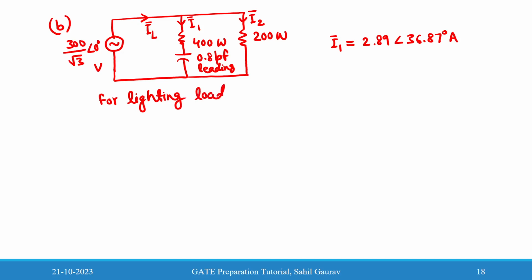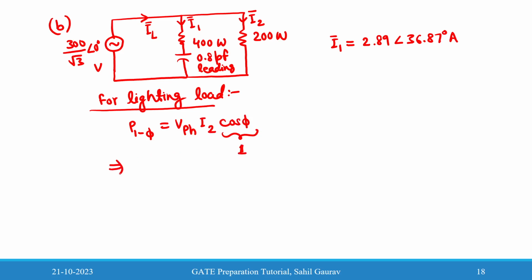For the lighting load, the single phase power is V phase times the I2 current we have assumed, times cos phi, where cos phi is 1 because this is a resistive load.